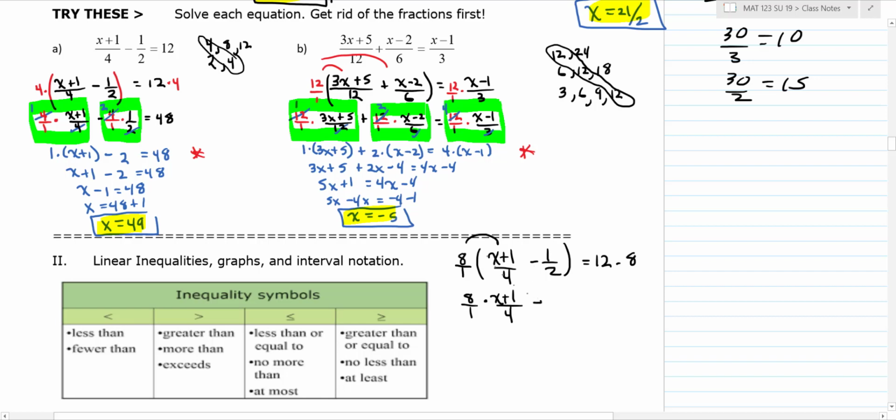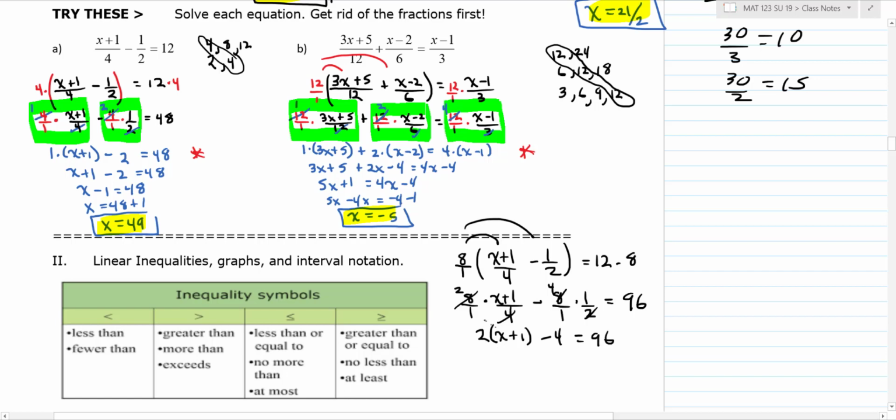Bring down the minus and then distribute like this. So you'd have 8 over 1 times a half. And then that would be 96. Okay, reduce. 8 over 4 is 2, so you would have 2 times x plus 1. 8 over 2 here is 4, so that would be minus 4 equals 96.